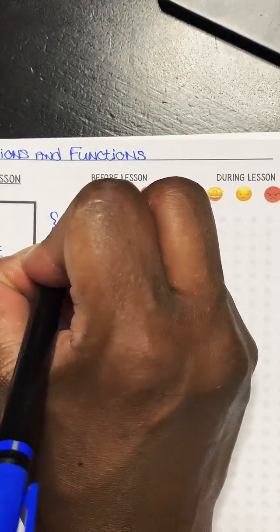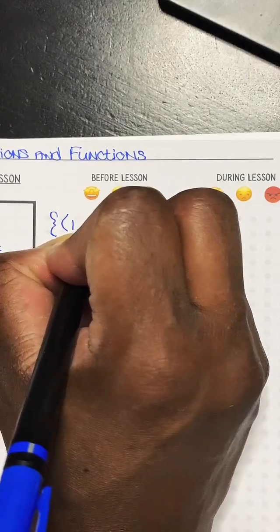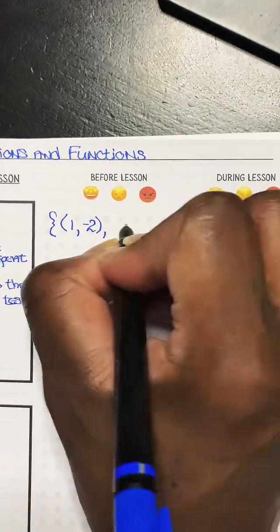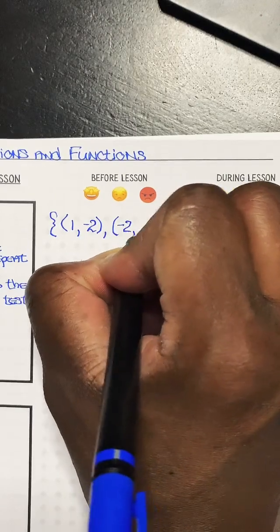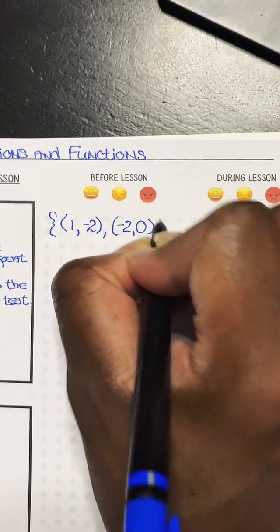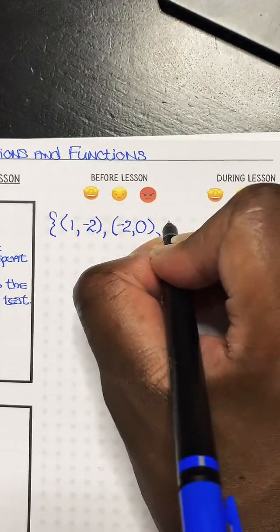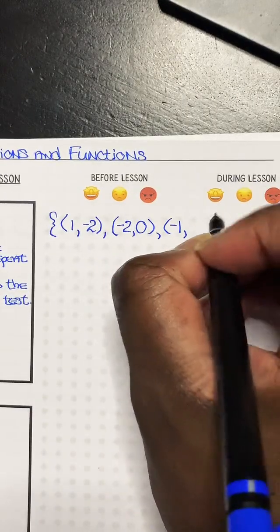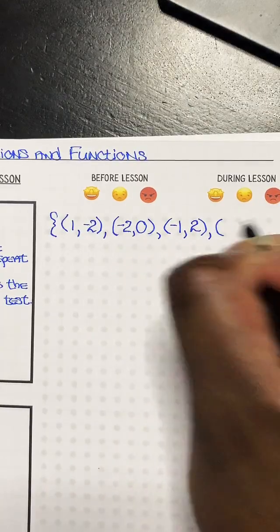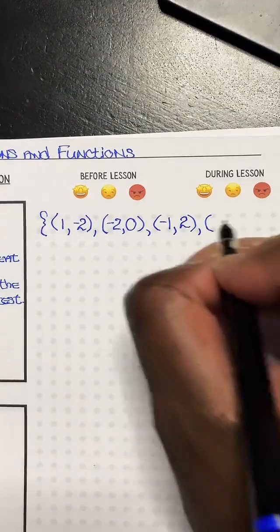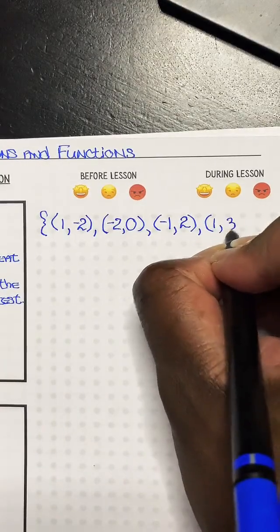So, if I said we have 1, -2, we have, let's say, -2, 0. We'll have -1, 2, as well as 1, 3.